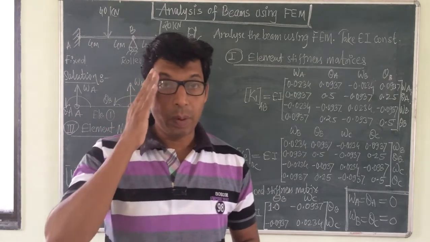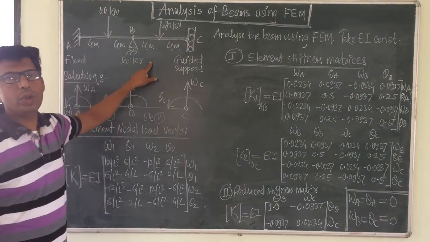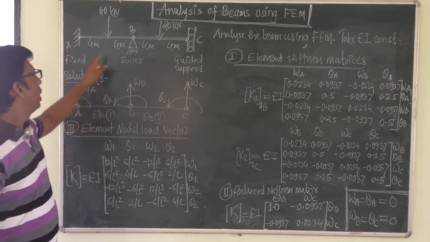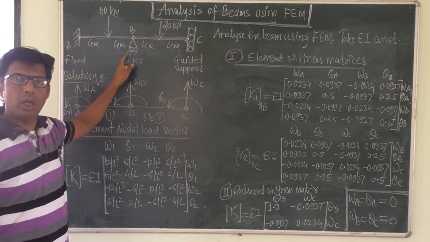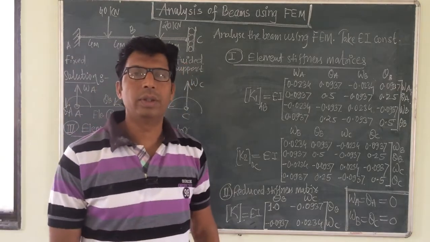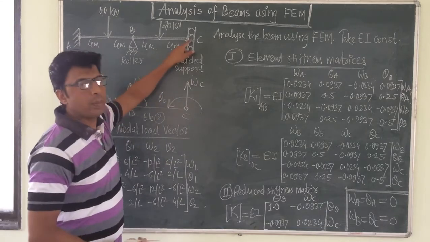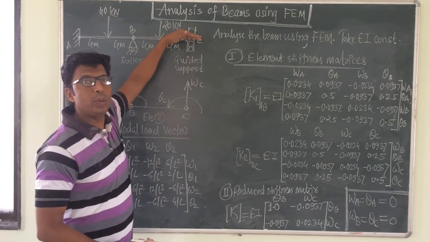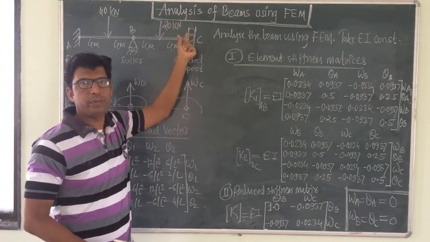The problem is: one continuous beam is given to you, a two span beam. The left support is fixed, the middle support is a roller, and the right end is a guided support. The meaning of a guided support is that this support allows the point C to move vertically up and down using these rollers.